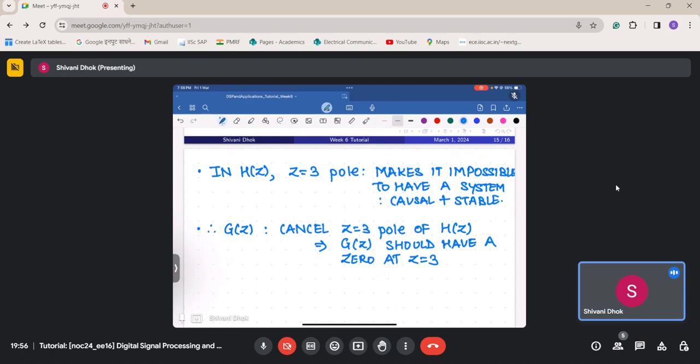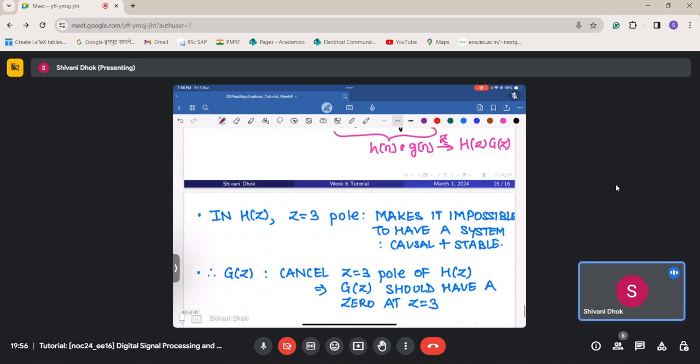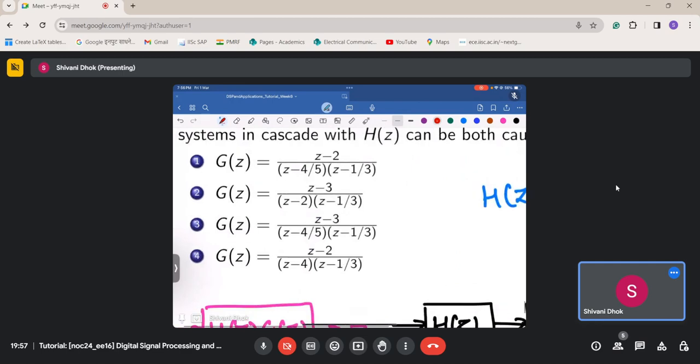Okay, so if I look at the options, this has a pole, this has a zero at z equals 2, so this is not our option. It won't cancel it out. This has a zero at z equals 3, and this also has a zero at z equals 3. This one doesn't have a zero at z equals 3, so this option and this option are out of our reach.